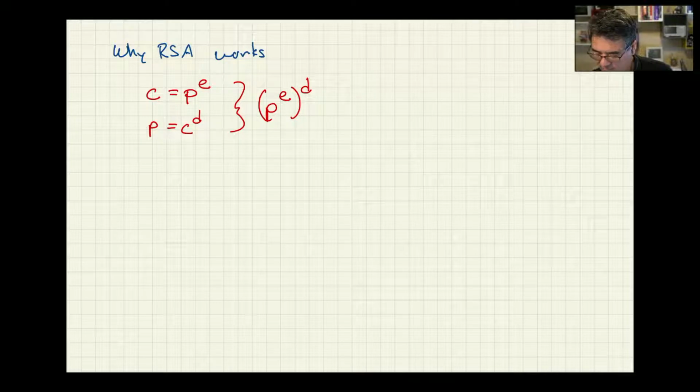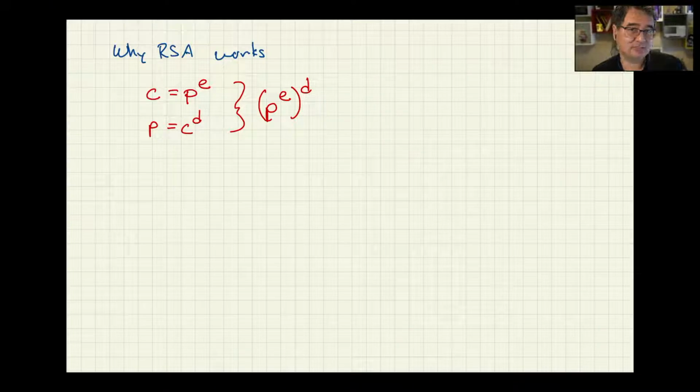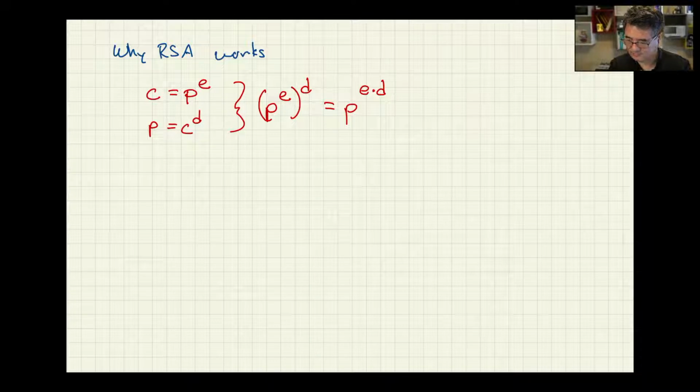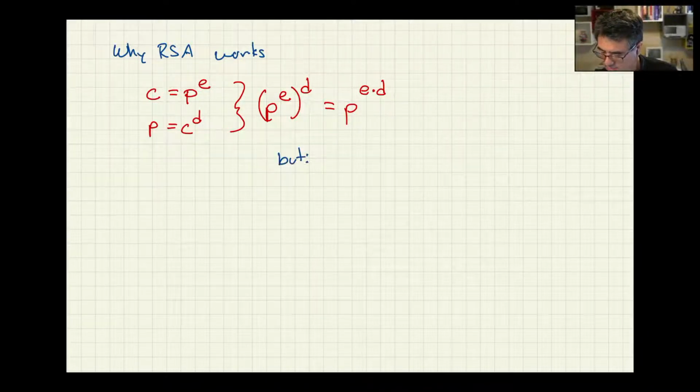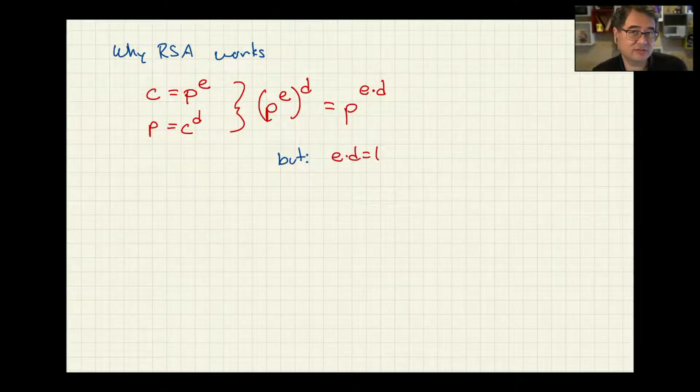When you take a number and raise it to an exponent, and then raise that to an exponent, it can be simplified into just multiplying those exponents together. But we know that E times D is equal to 1 because they're multiplicative inverses of each other.